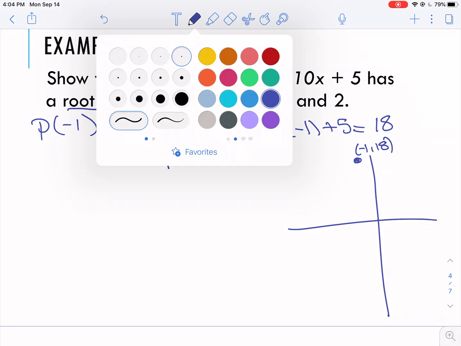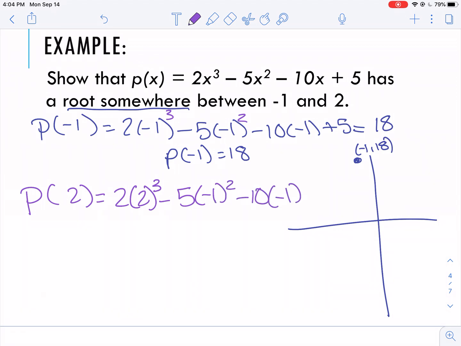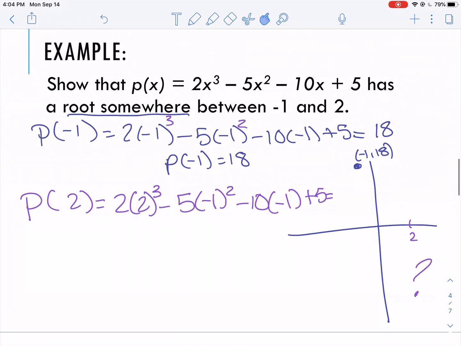Then let's say I have 2. To have a root somewhere in between, when I plug in 2, I have to be somewhere down here negative. And when I do that, p of 2 gives me -19. So I have this point down here, 2 comma -19.